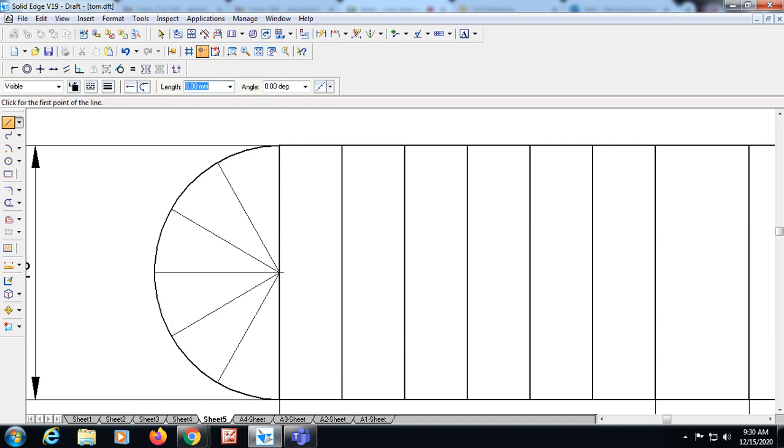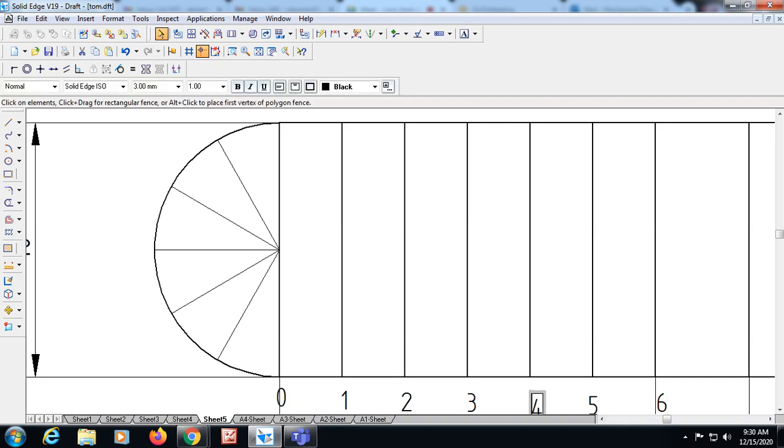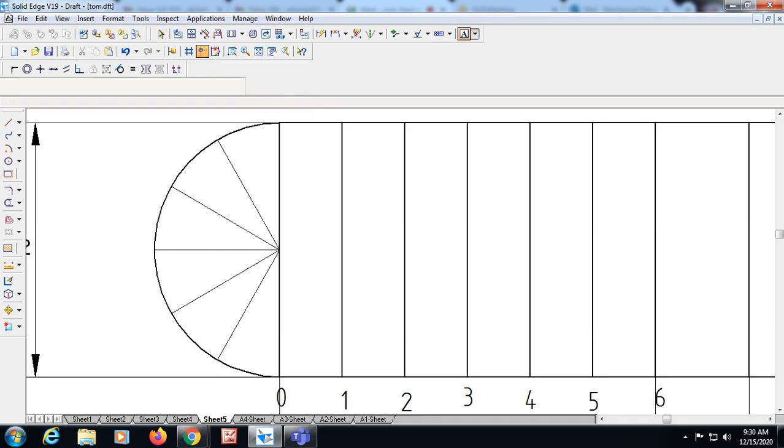Now give the numbering. I will give it in the same manner. So start from here 0, 1, 2, 3, 4, 5, then 6. Okay, left to right. Then in the same way I will mark the numbering here also, so that you can get the intersection points easily.